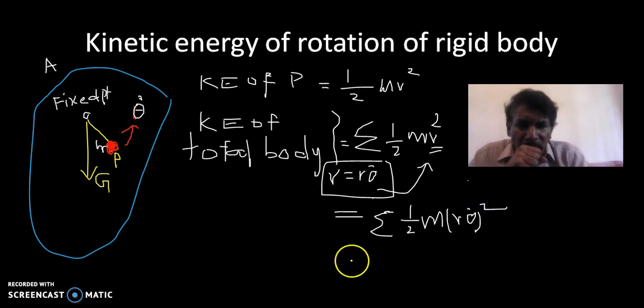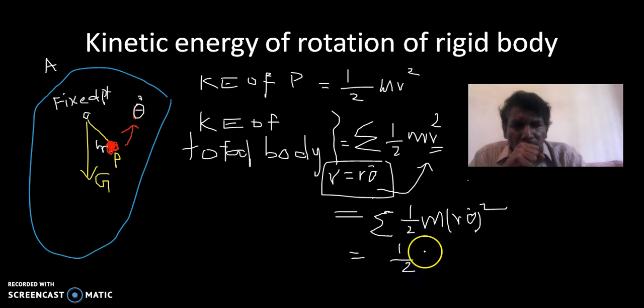Now if we expand this, we get the summation of 1 by 2 into m into r square into theta dot square.